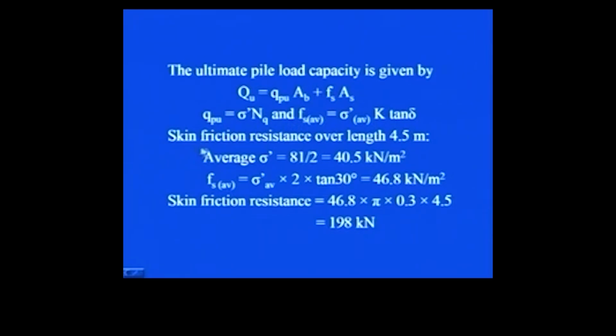So, the skin friction resistance over length 4.5 meter will be governed by the average overburden effective pressure up to the depth of 4.5 meter, that is from ground surface to 4.5 meter, and beyond that it will remain constant.